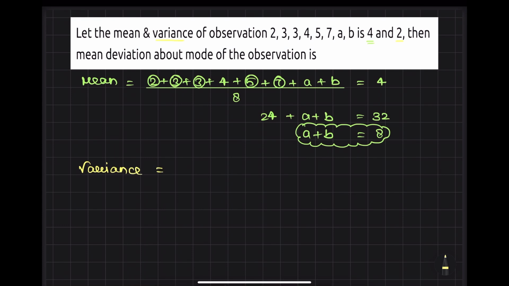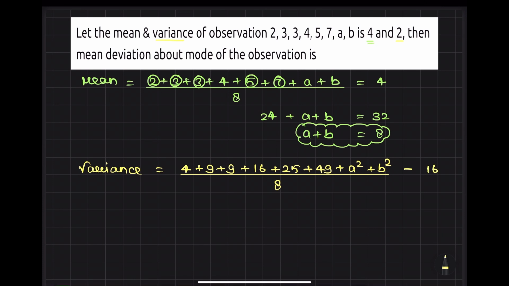So variance is the sum of squares of all the elements by n. So it is 4 plus 9 plus 9 plus 16 plus 25 plus 49 plus a square plus b square by the number of elements, that is 8, minus mean square, and the mean is 4, so it is 16.